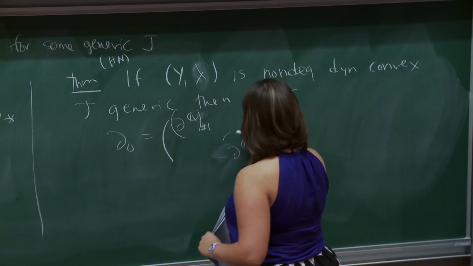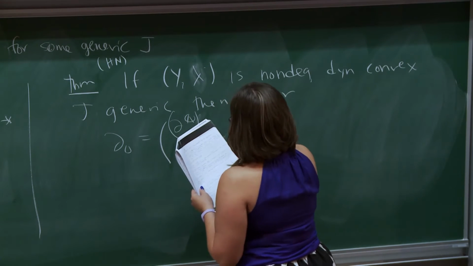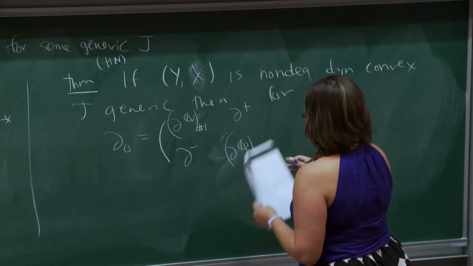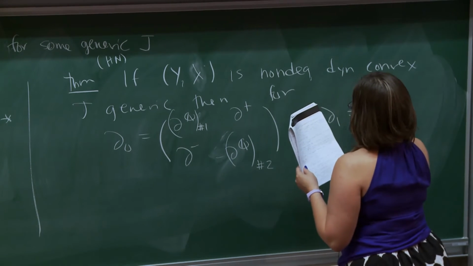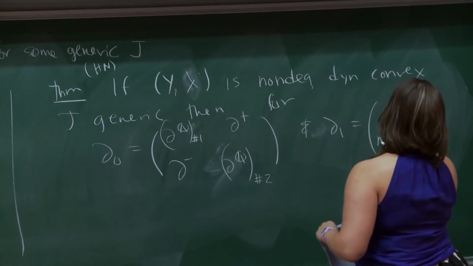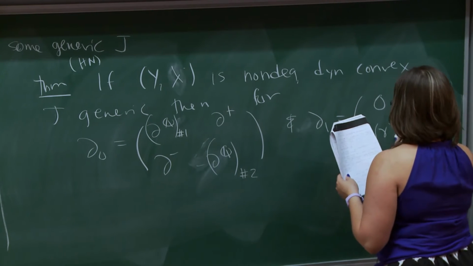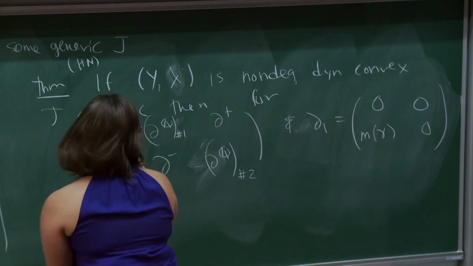So the first differential, this is supposed to be the second differential that I told you, d plus, d minus, and d1 equal to 0, multiplicity of gamma 0. I'll explain what that is in just a sec.